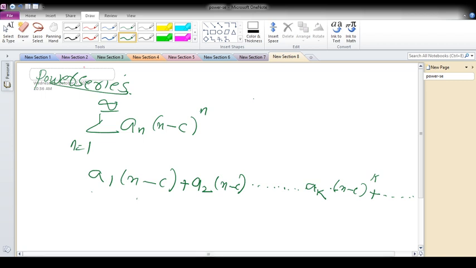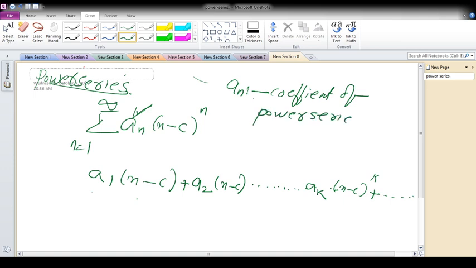Power series is an infinite series where each a_n is called the coefficient of power series.